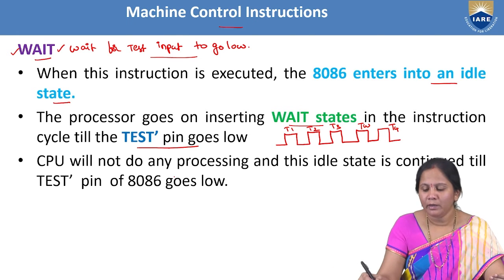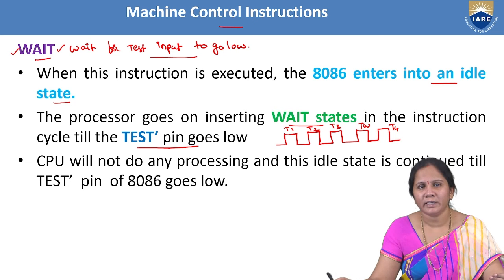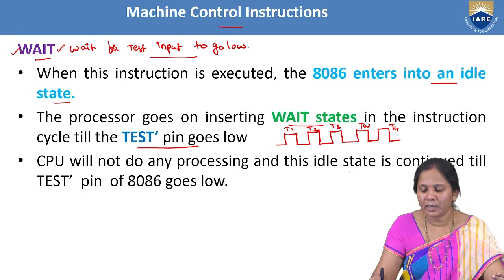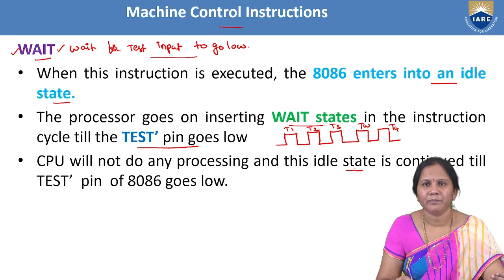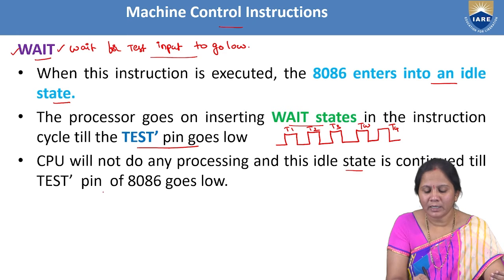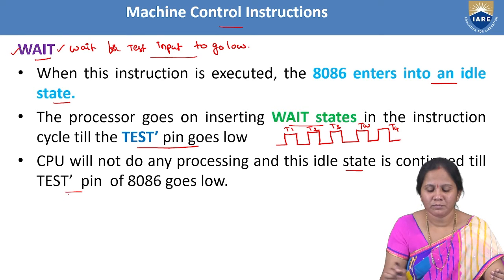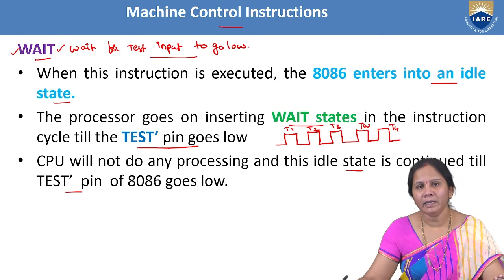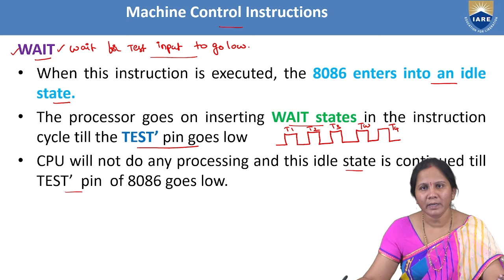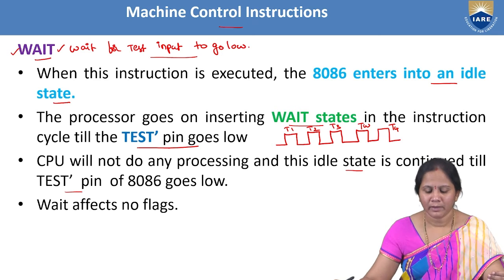When these wait states are inserted, or when this WAIT instruction is executed, the CPU will be in the idle state. It will be in the idle state till the TEST bar pin goes low. And when it goes low, the next instruction will continue executing.